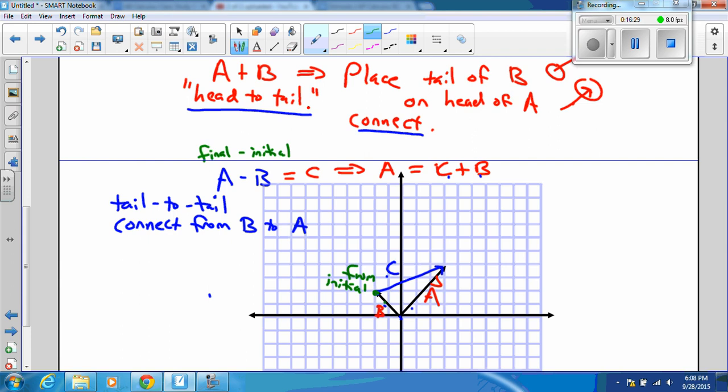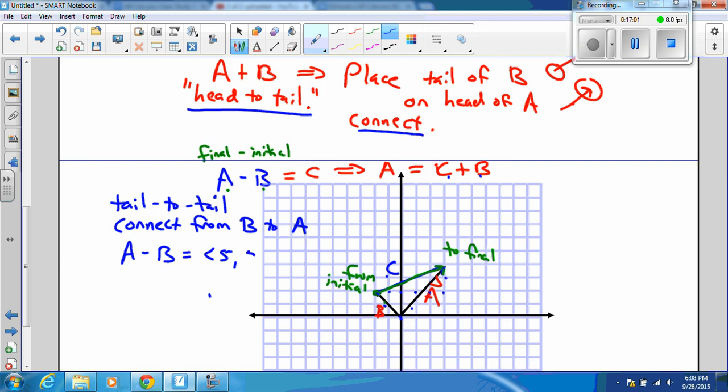So if I think of it as final minus initial, I'm thinking of B as the initial and A as the final, and I'm trying to draw the vector that will get me from the initial, from the beginning, to the final vector right over here. So since this was listed as A minus B, I'm going to start at B and go to A, just like that.